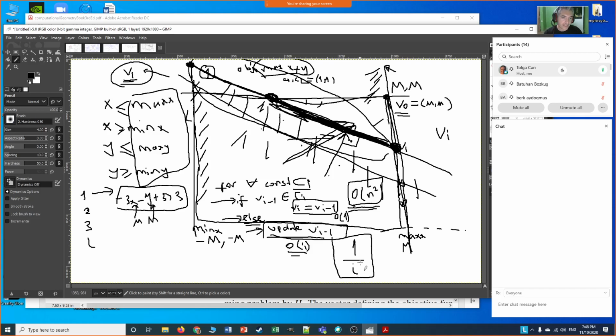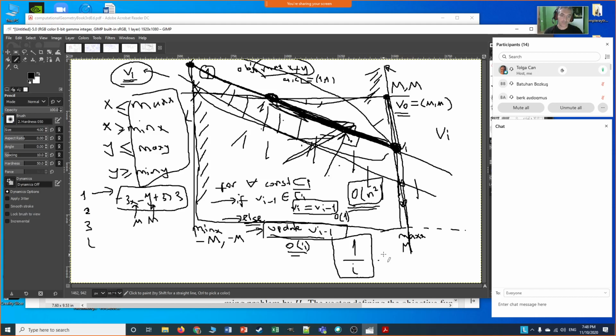In the first iterations of the algorithm, you update the extreme point frequently, but as the algorithm progresses, the probability of going into the else part decreases and decreases.